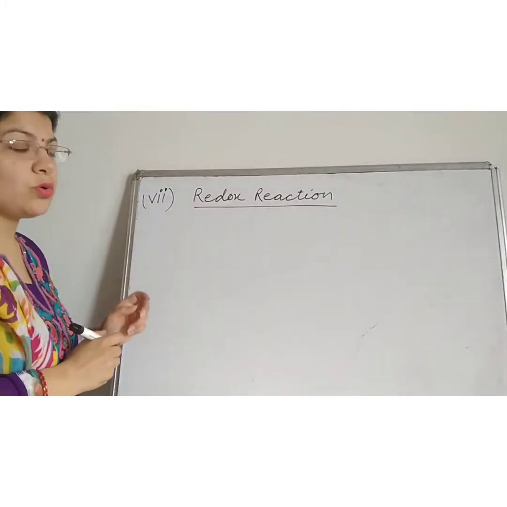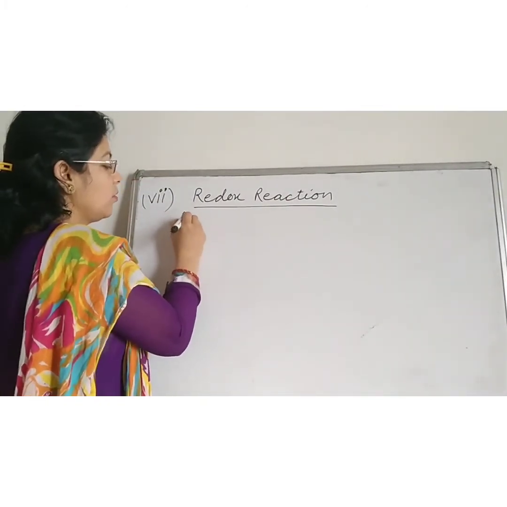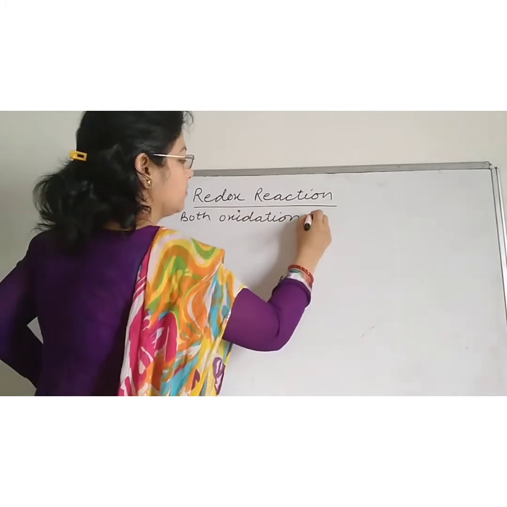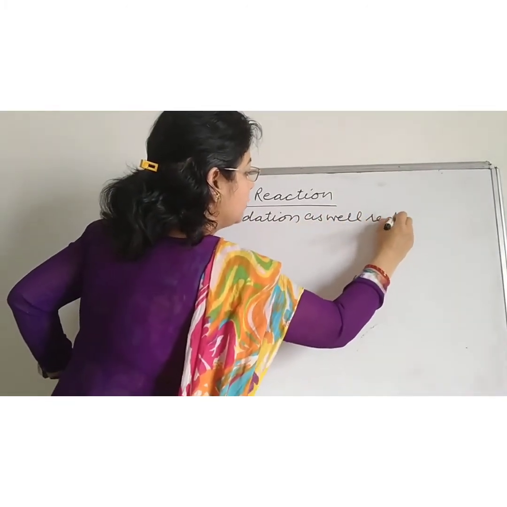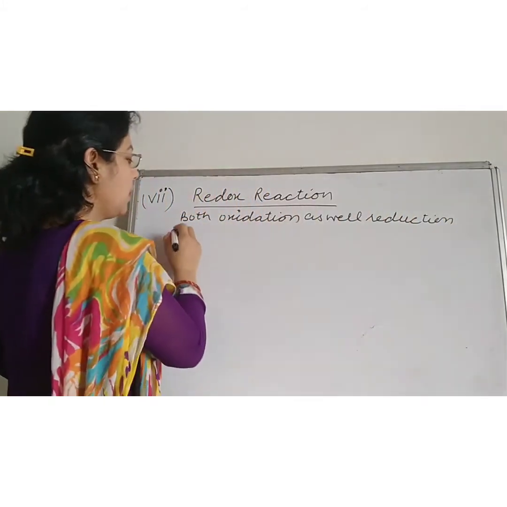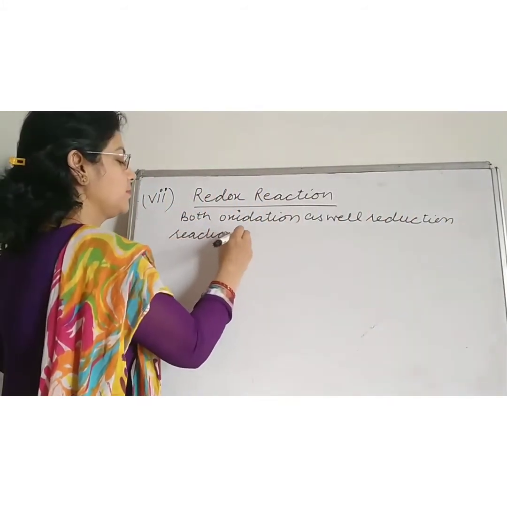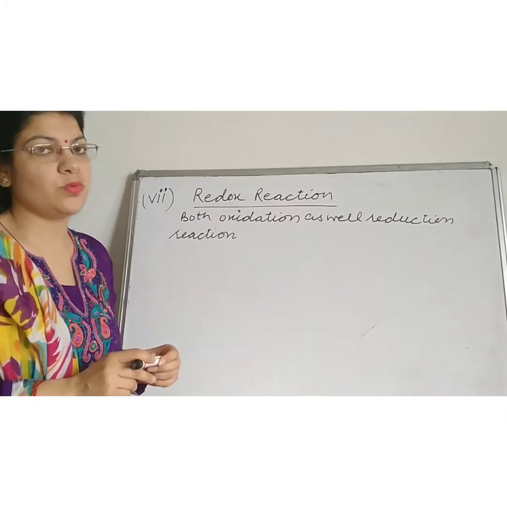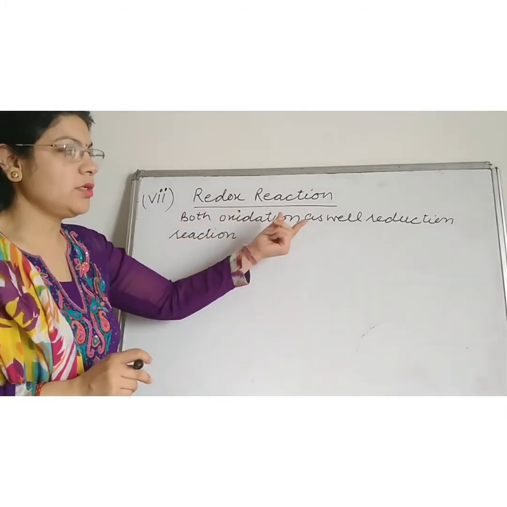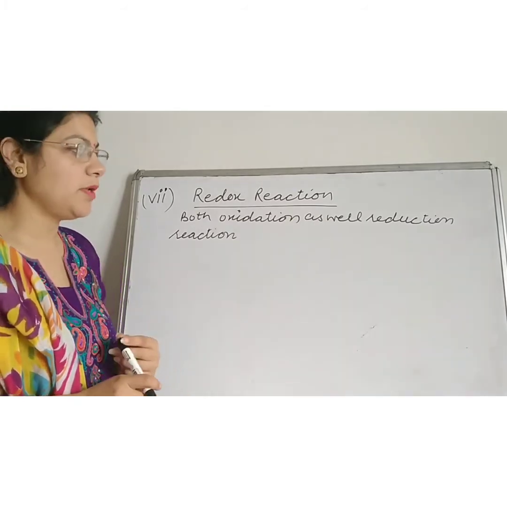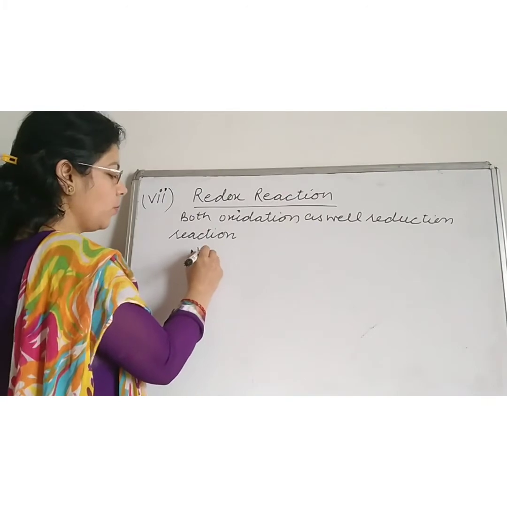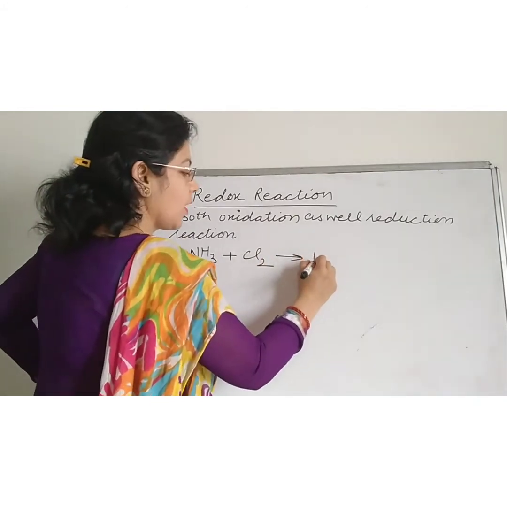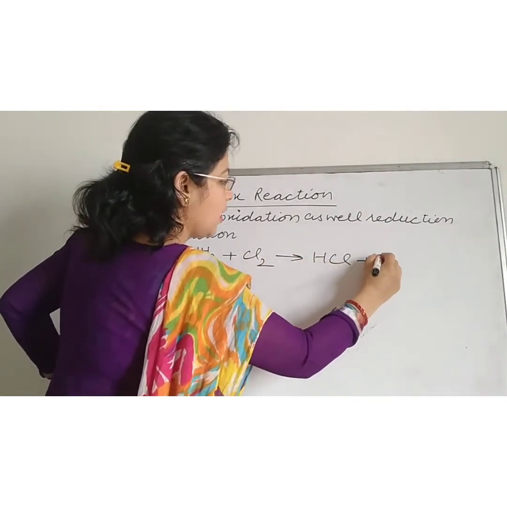Redox reactions are those reactions in which both oxidation as well as reduction are taking place simultaneously. For example, in case of ammonia, when ammonia is reacted with chlorine, it produces hydrochloric acid along with nitrogen gas.